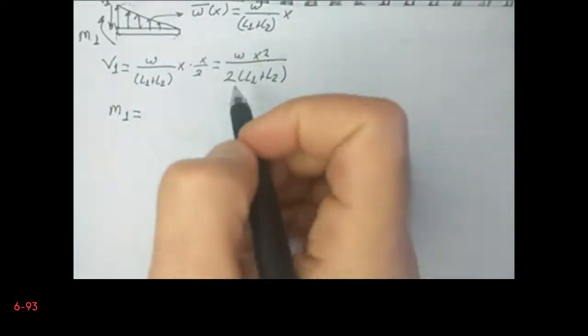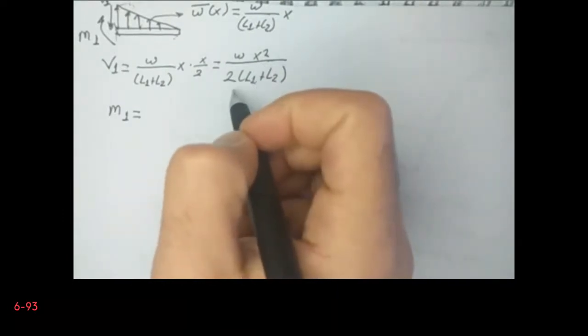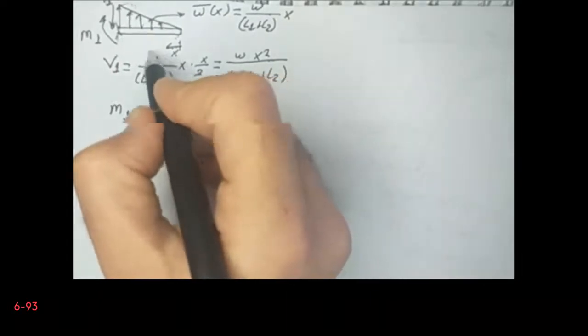So M1 is equal to, we have the resultant force here, so it is W X squared over 2 times L1 plus L2, multiplied by this distance X. So I put my reference to the right hand side for this calculation.